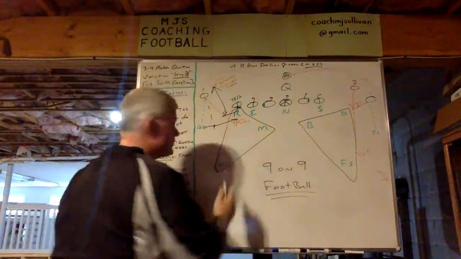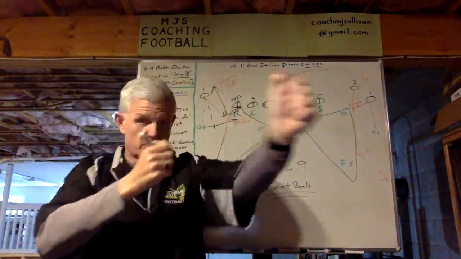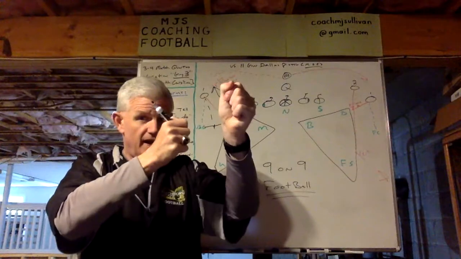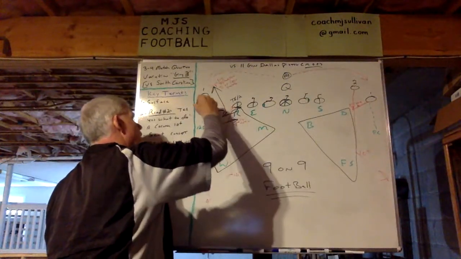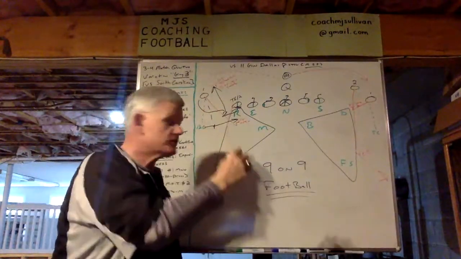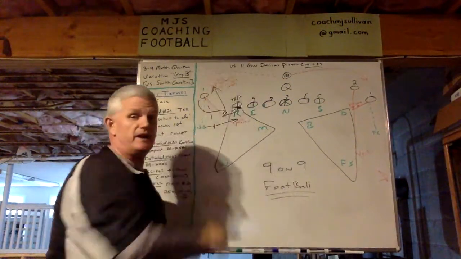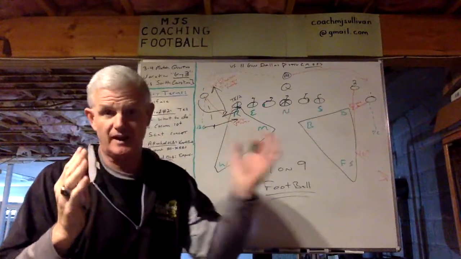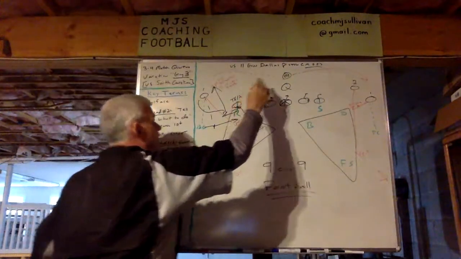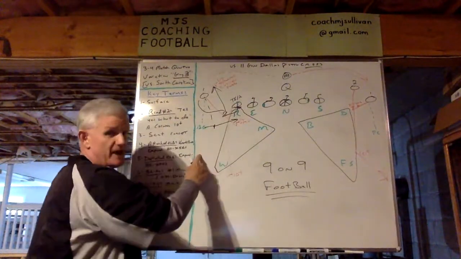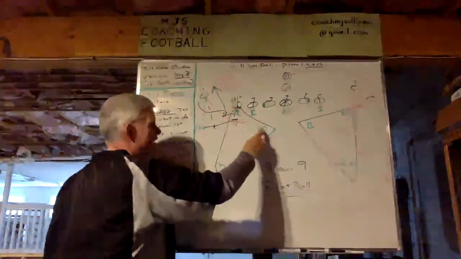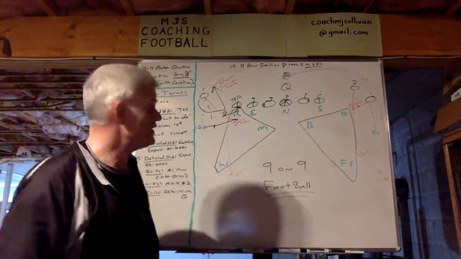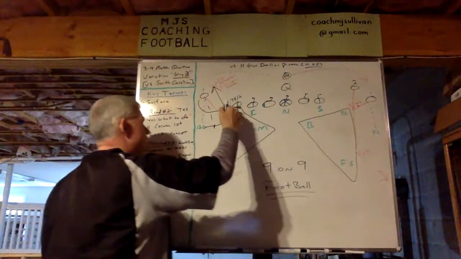If it looks as though there's going to be a collision with number 1 and him, then he's going to go over the top of the face so he can get outside relationship, so he doesn't get pinned in, rubbed. Because if the quarterback throws it, the back's got the sideline, and he's going to run away from both the outside and inside linebackers. You see what I'm saying? So that's got to be a quick read.